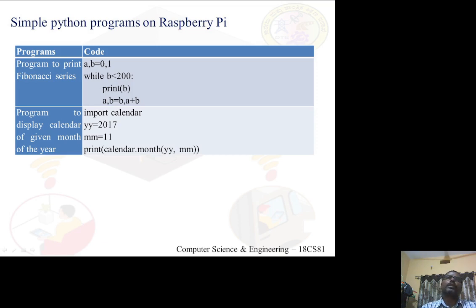The first two Fibonacci numbers, that is 0 and 1, are initialized to variables a and b. Then we are using the code, as you can see on the slide, for printing the Fibonacci series.